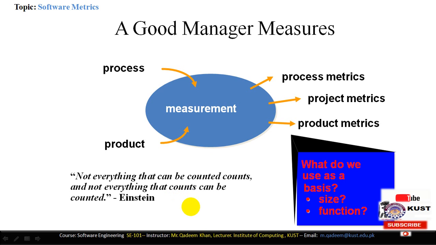Without measurement we cannot identify our problem, and we cannot know about everything. For example, the sun is very hot, so this is one of the subjective measurements. But how hot is it? For example, the sun is 5000 degrees Celsius hot. So that's why measurement is very important.